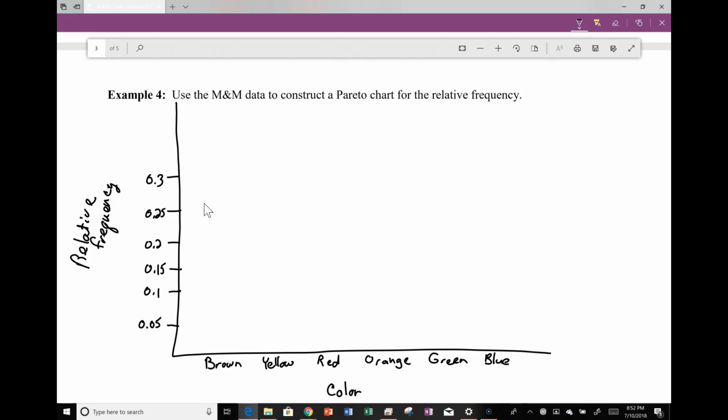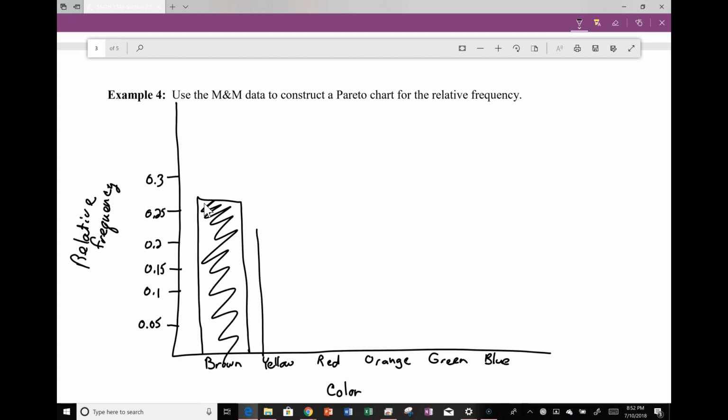Then whenever I look at the brown, my relative frequency was a 0.267. So I have it up here a little bit above the 0.25. Yellow had a 0.22, so it's a little bit above the 0.2. Red was directly at 0.2.